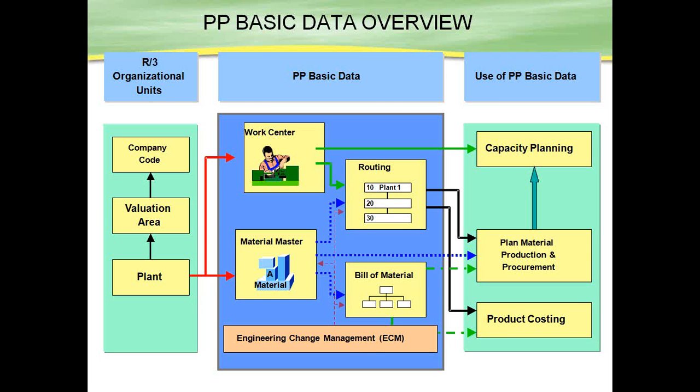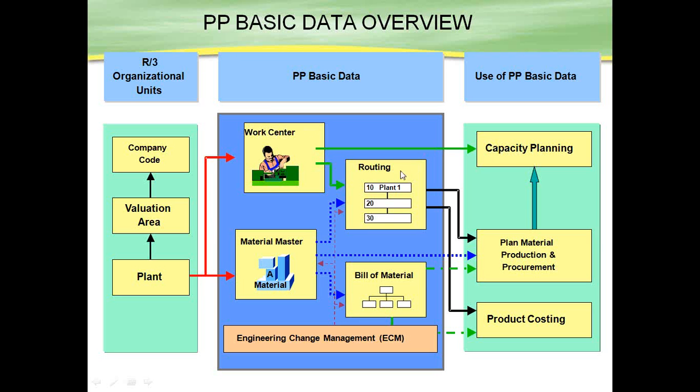When we define the work center, we define some capacity of the work center. Suppose my X machine can produce a thousand bottles in a day. It means that this 1,000 bottles is my capacity. So on the basis of my work center capacity, I can plan my capacity, which is linked here. Here is capacity planning. Capacity planning is also a part of the production planning module.